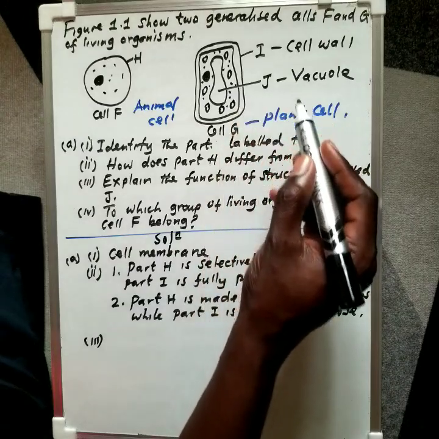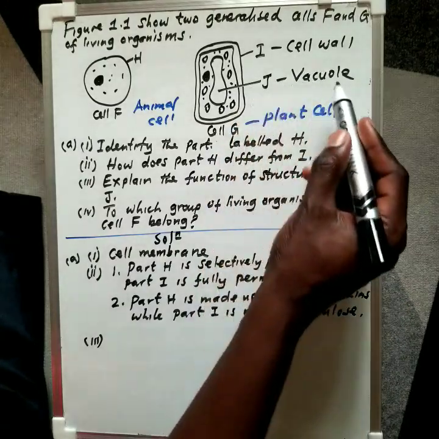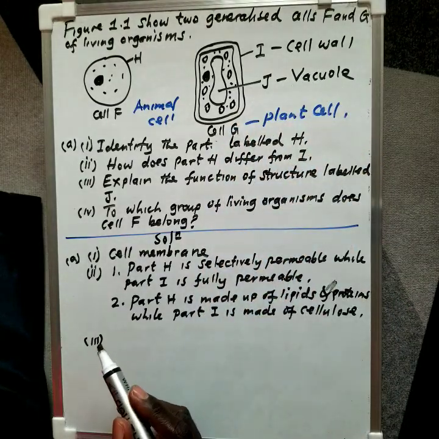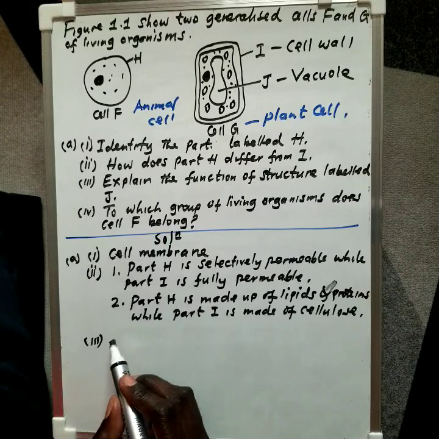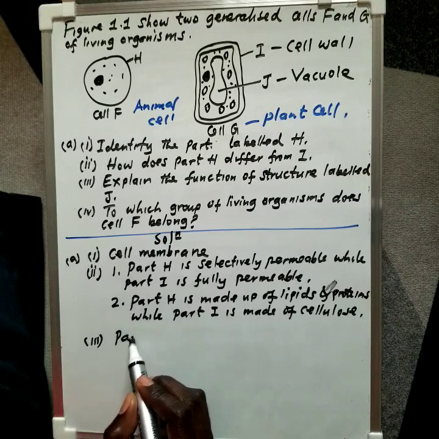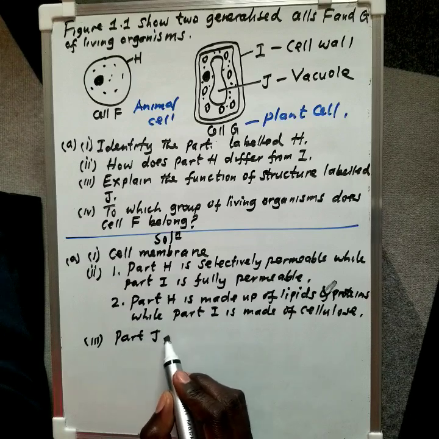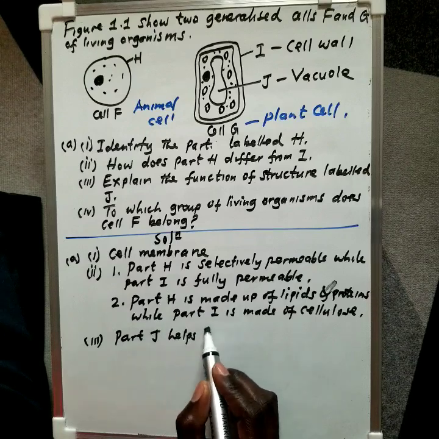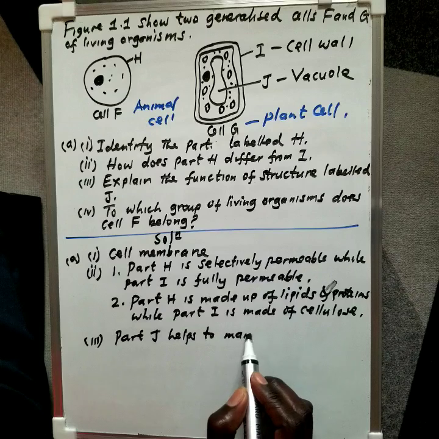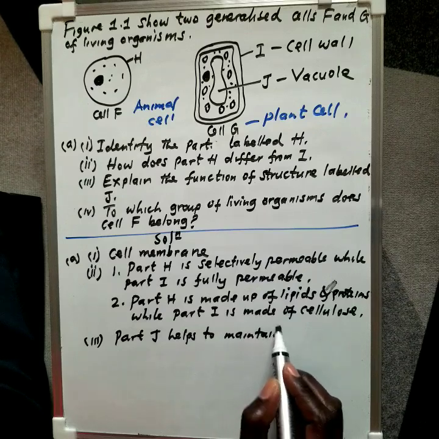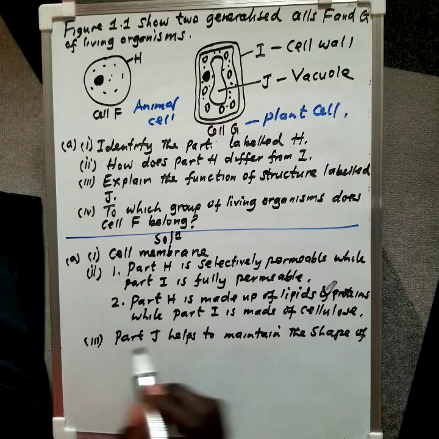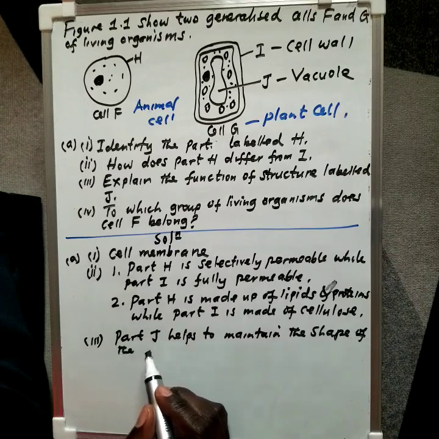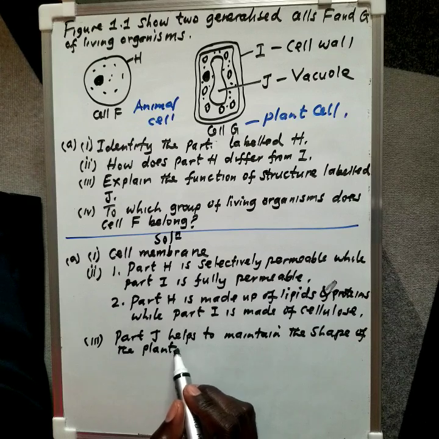Okay, so number 3, it says explain the function of the structure labeled J. So J is simply the vacuole. So what is the function of the vacuole? In simple terms, that's what they're telling you. So 1, I can simply tell you that part J helps to maintain the shape of the plant cell.